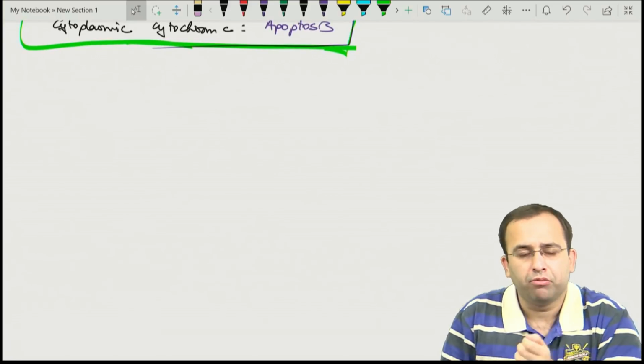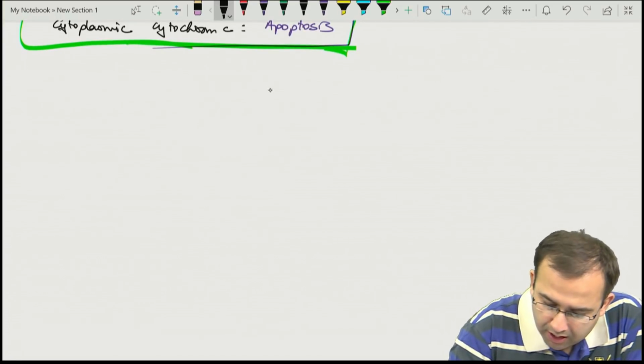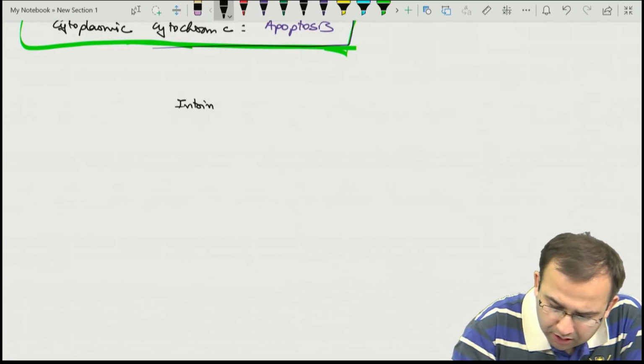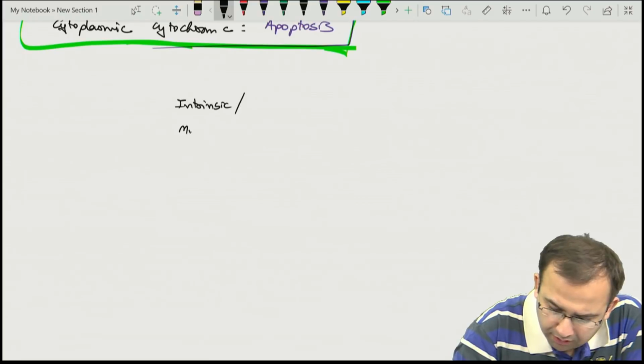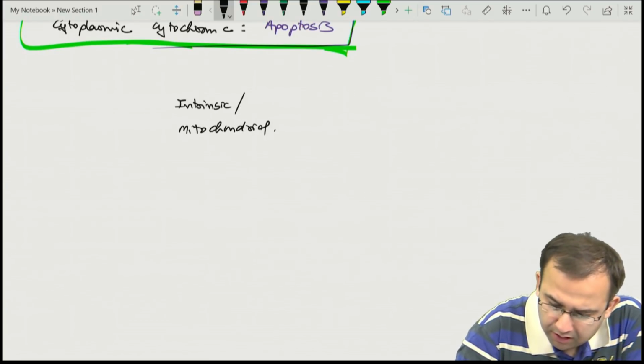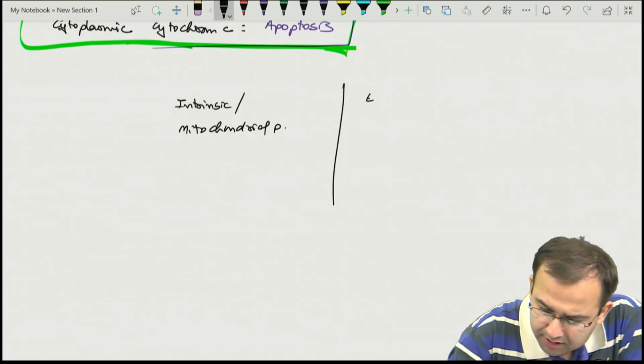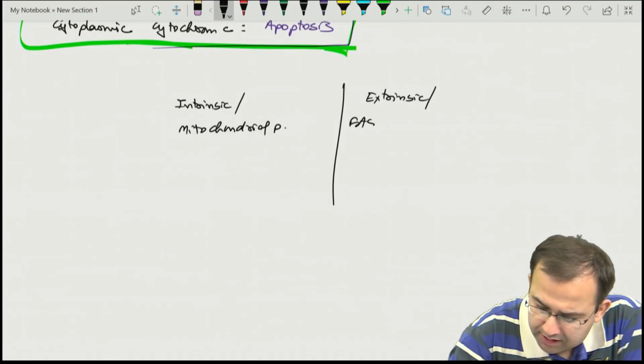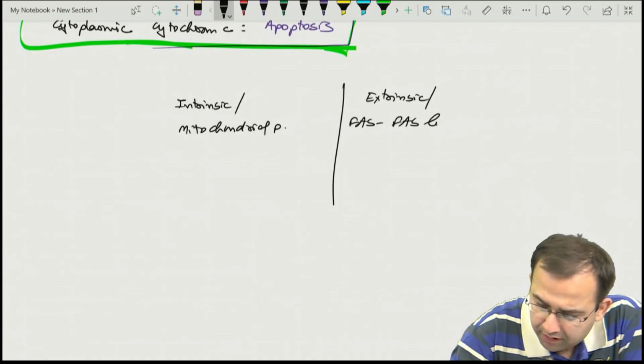Let us have a look at more important questions. Apoptosis has two pathways: the intrinsic or the mitochondrial pathway, and the extrinsic or Fas ligand pathway.